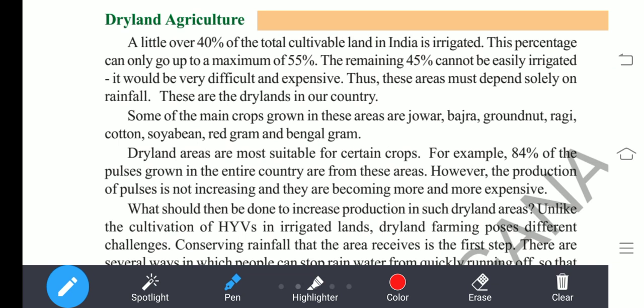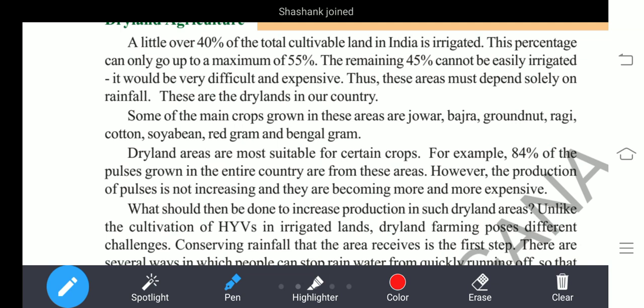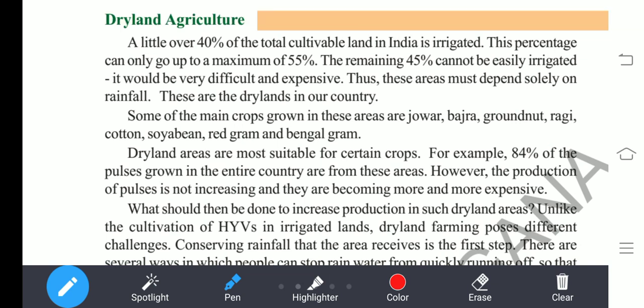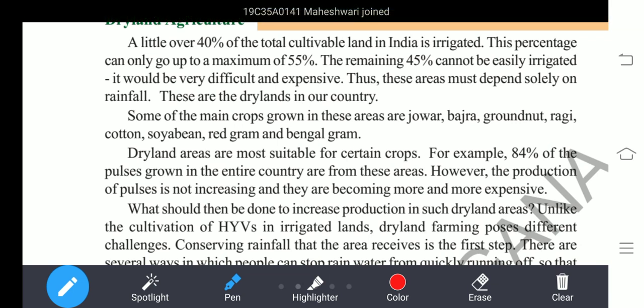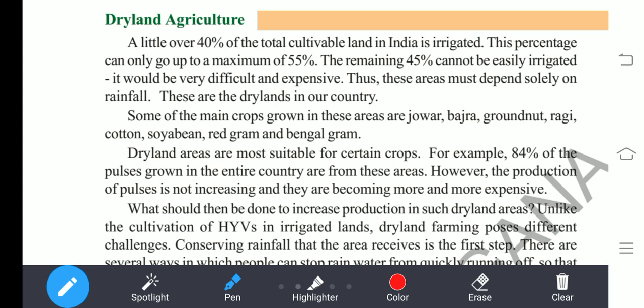Some agricultural land is provided irrigation by the canals, tube wells, open wells, by the constructed dams. So where water supply is given from the dams, then wells, that is called irrigated area. Understand?